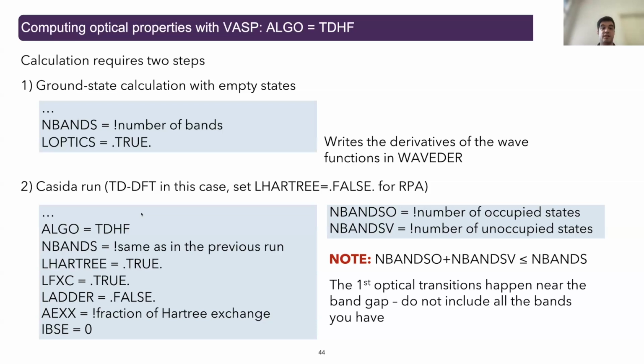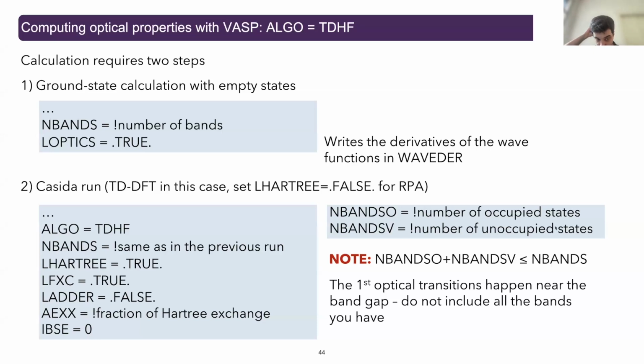Second, you run a Casida run by setting ALGO equals TDHF and NBANDS to the same as in the previous run, and then you would have to add the flags for LR3 and LFXC. You'd also have to add two very important flags, which are NBANDSO and NBANDSV, so the number of occupied and the number of unoccupied states.